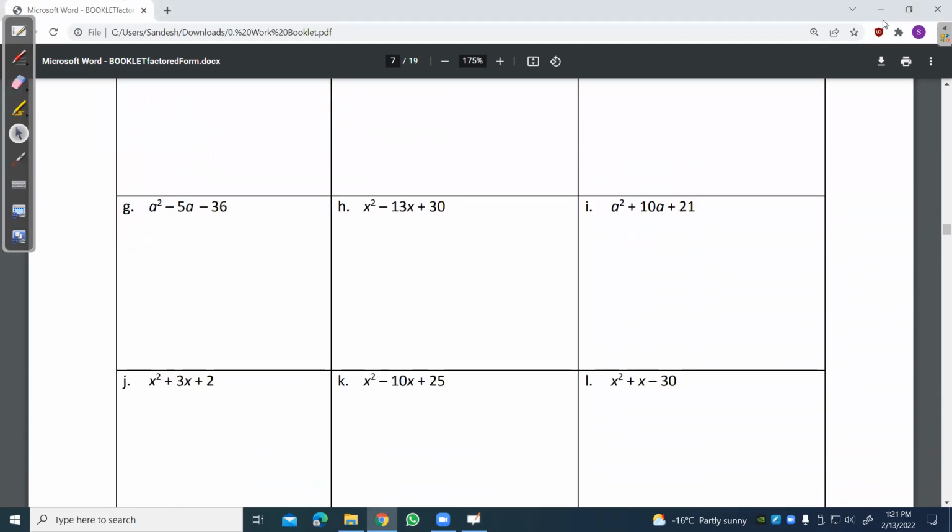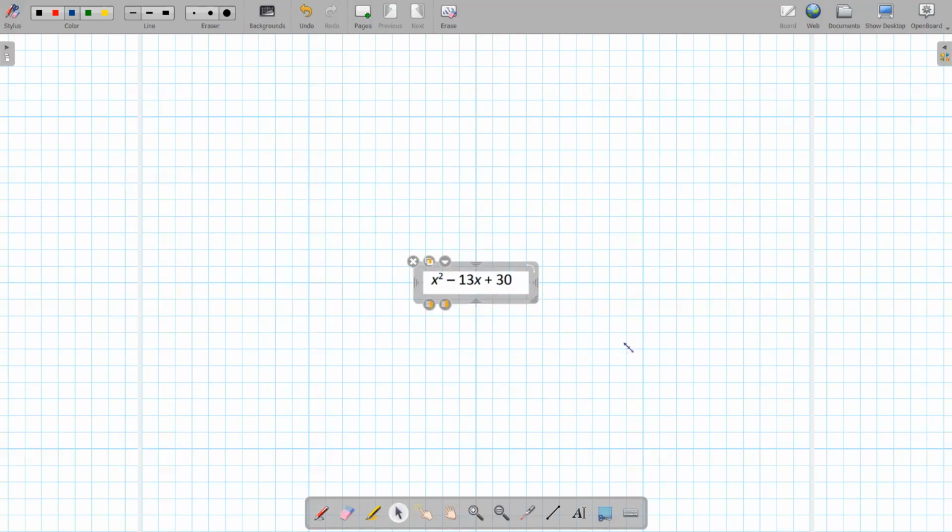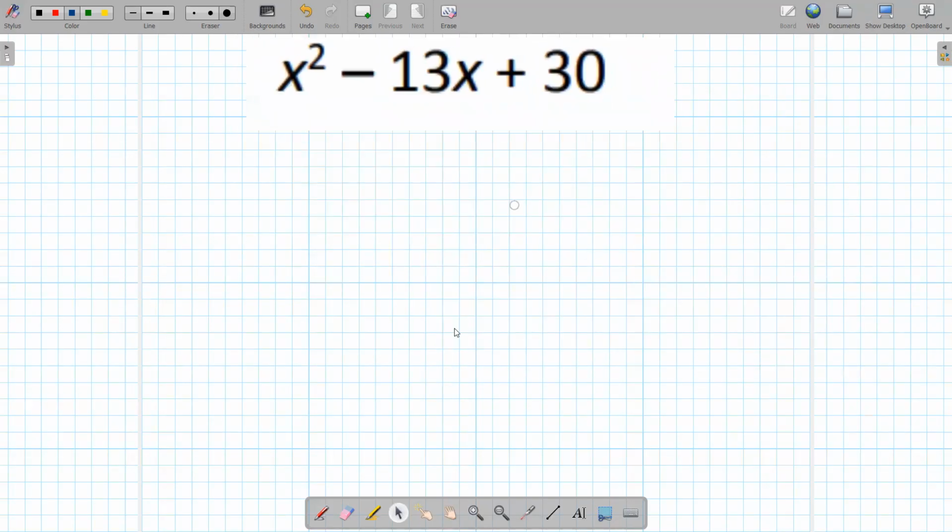Let's see if there's a dicier one. All of these are pretty straightforward. Same question: you can't pull anything out, so we're looking for two numbers. What do they multiply to? 30. What do they add up to?